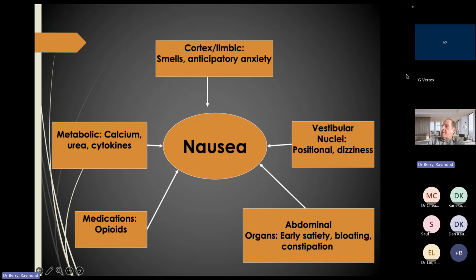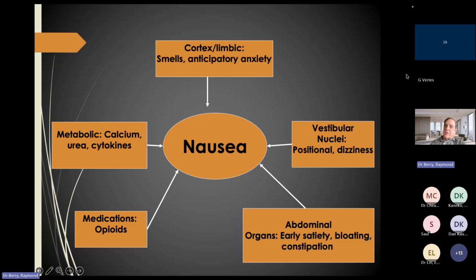Abdominal organs: bloating, slowdown, and constipation directly stimulate pathways to nausea. Vestibular, we're quite aware of. It's not very common with palliative care, but worth noting because people sometimes try to treat it, even though that's not the underlying cause. And then there are not well understood pathways.